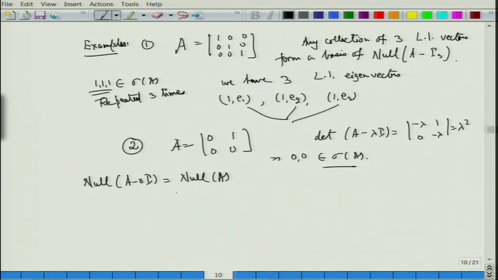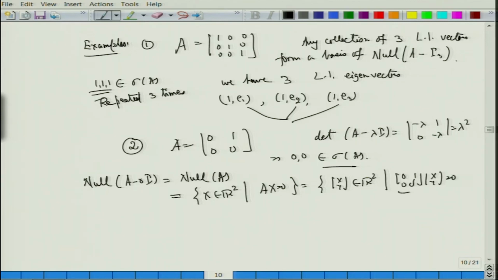So if I want to compute this, I would like you to see that this is all x belonging to R2, or say C2, whatever you want to say, such that Ax is 0, which is same as (x, y) belonging to R2 such that the matrix 0 1 0 0 times (x, y) is 0. Now this gives you y is 0, fine.